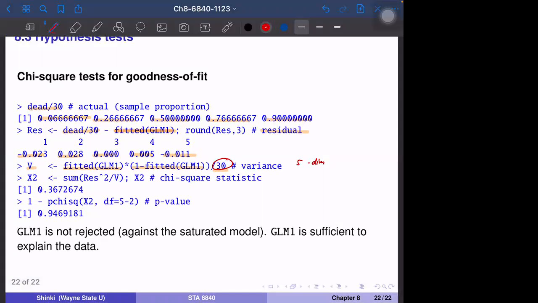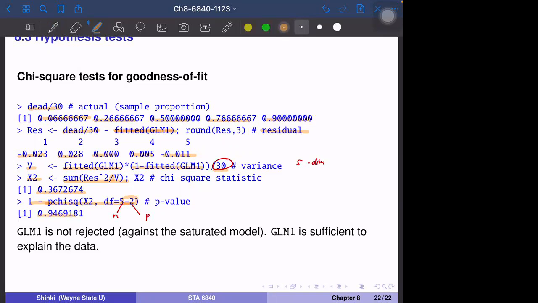Then the chi-square value is the sum of the squared residual divided by v. So this is a component-wise division. So we have the residual squared over v for each observation, then take the summation later. Then the chi-square statistic is 0.36, and if we calculate the p-value, we have degrees of freedom 3 because we have 5 lines and we have the 2 parameters.